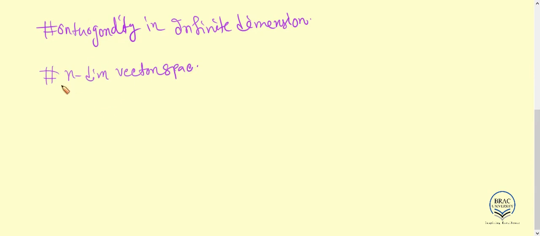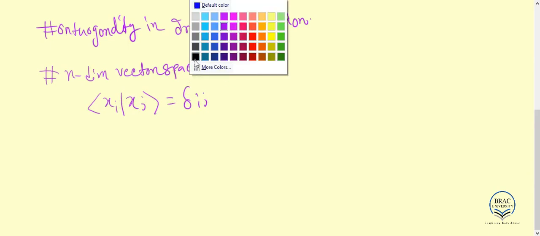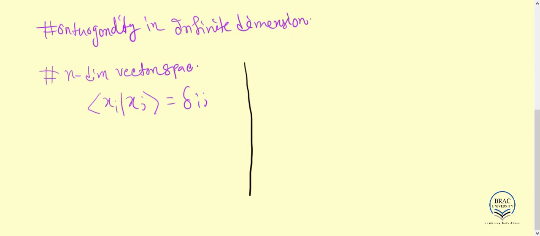We knew that if you have an n-dimensional vector space, the basis vectors were orthogonal to each other, right? So if you have two basis vectors like this, xi, xj, this would be just delta ij. So let's just put a barrier over here, and I'll write the infinite dimensional counterparts over here. So this is the finite dimension, and this will be our infinite dimensions.